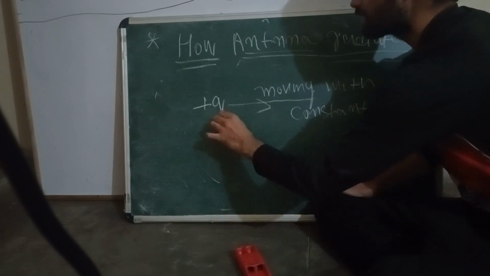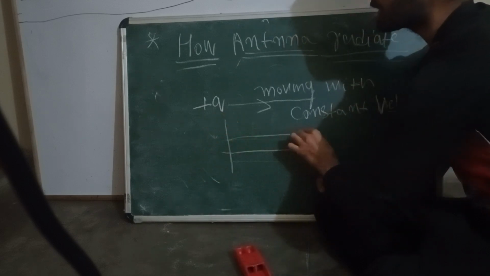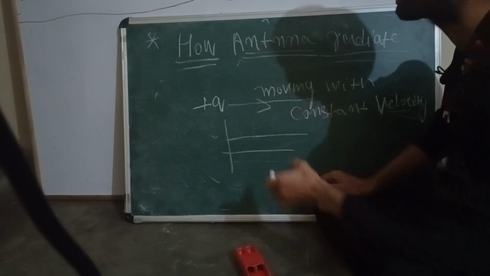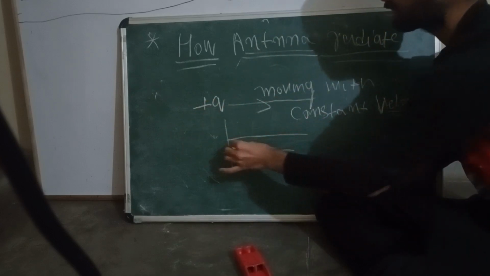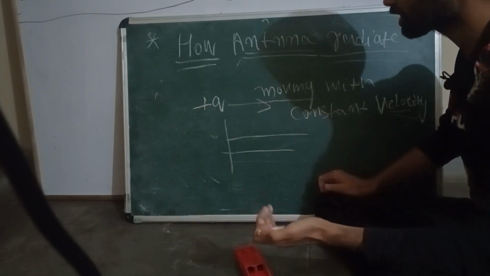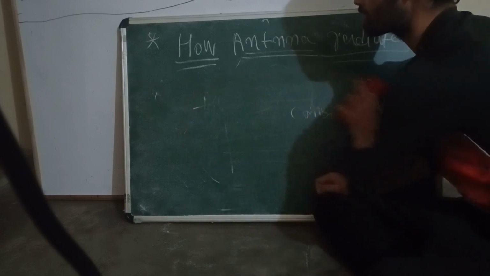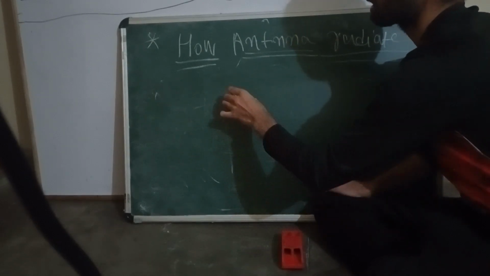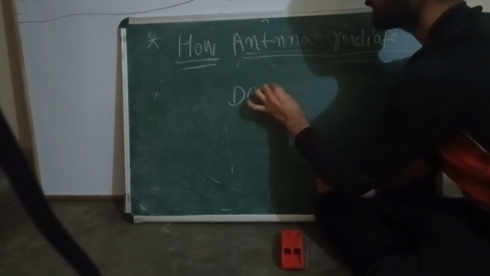It means it is generating DC current. When this charge moves with constant velocity, there is a generation of constant current, and that constant current is nothing but DC current.